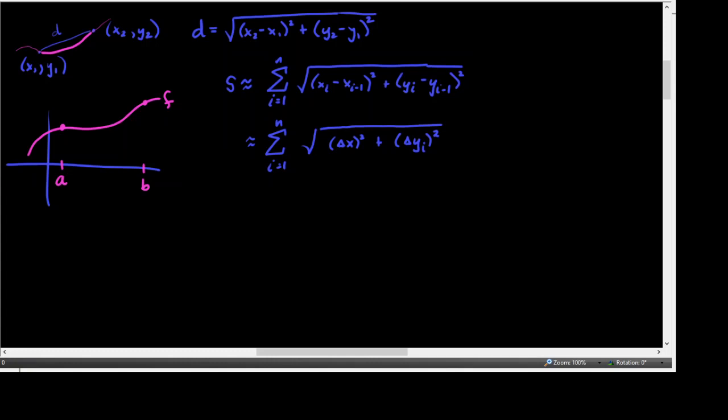Then what we could do with that, and again, you're not going to be responsible for knowing this, but I did want to at least this time take you through the thought process of how we come up with a definite integral for this. And I noticed in their notes they put a sub i on the delta x as well, but we didn't on ours.